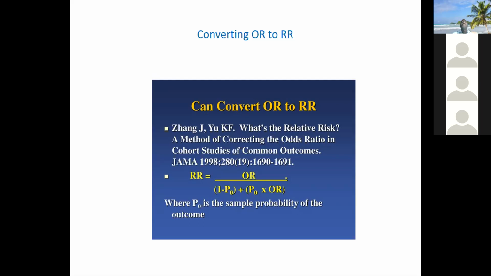So after you have done your meta-analysis, you can convert the composite odds ratio you get to relative risk, especially if you are trying to do an economic analysis of a project. You want to know the exact effect for economic purposes, or to estimate the effect of something. You want to be more accurate, so you can change the odds ratio to relative risk.